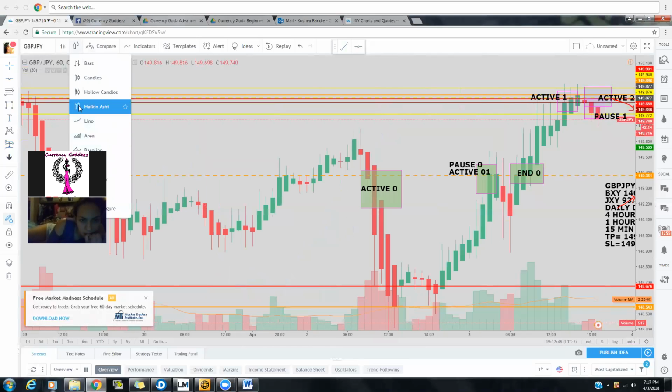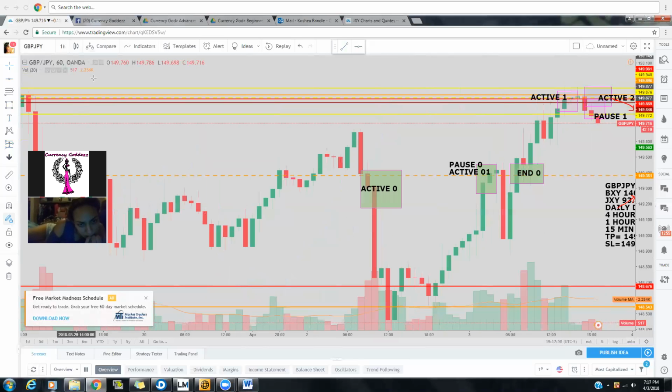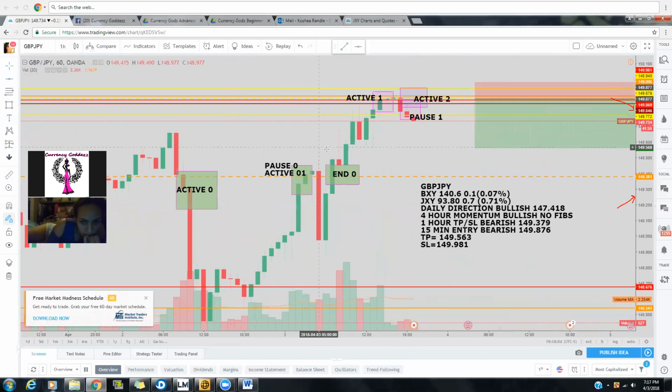Now, the reason why you use the Heikin Ashi candles is because these candles, which is what will be on your actual trading chart, whether you choose LMFX, JAFX, or LDQ, whatever the other one is, this is what your chart normally looks like. And so all you're looking at is the fluctuation of price.